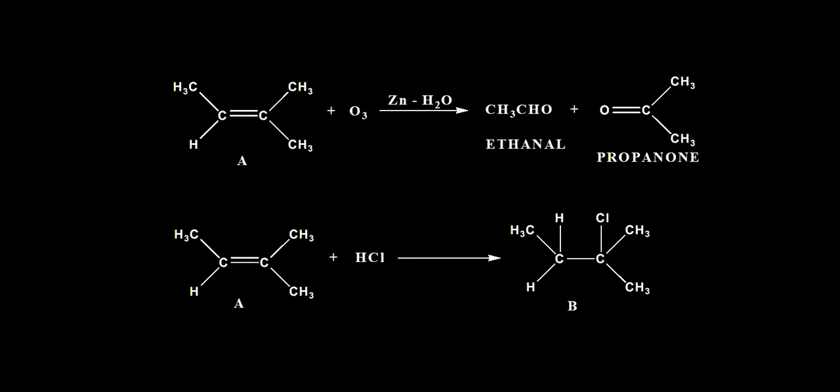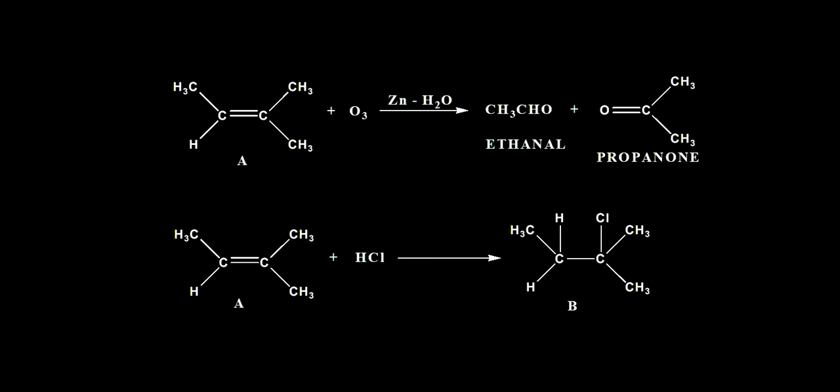So an alkene A, that should be the structure of the alkene. It reacts with ozone in presence of zinc and water. That is ozonolysis, gives you ethanal and propanone. Now a very simple trick to find out the alkene in such questions is, first you write the structure of ethanal and propanone which is given. You can clearly see the carbon groups which are present in them.